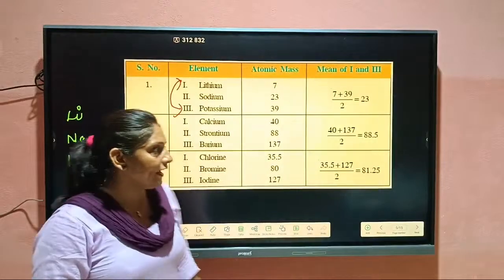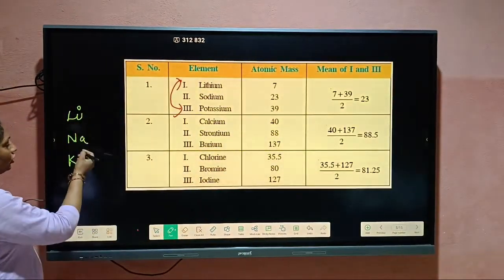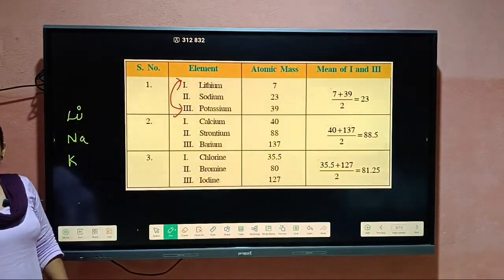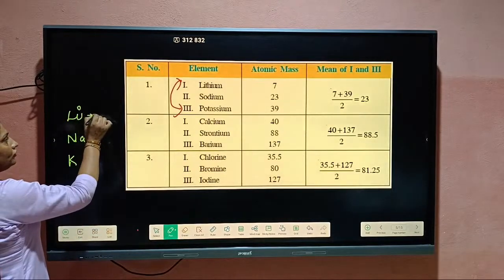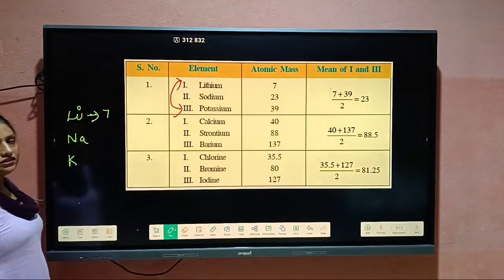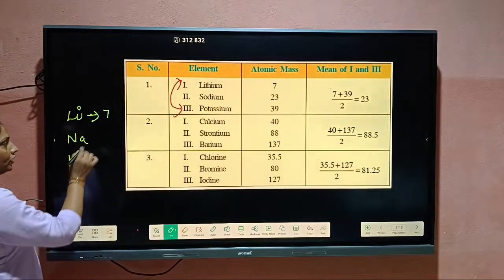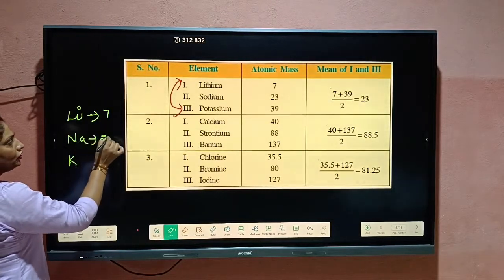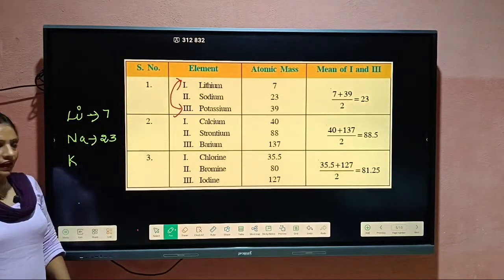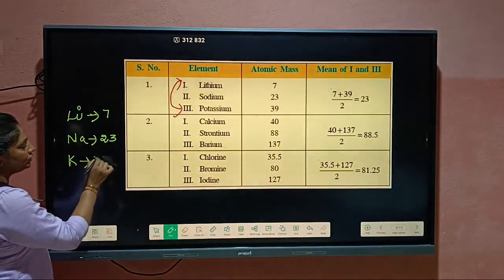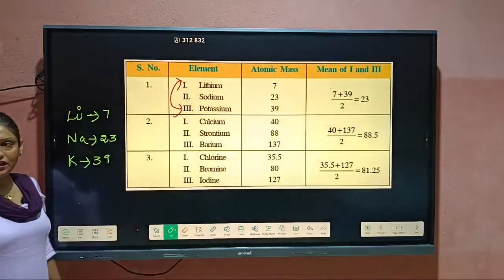So the first triad was lithium, sodium, potassium. You know very well, what is the atomic mass of lithium? It is 7. The atomic mass of sodium is 23, and the atomic mass of potassium is 39.